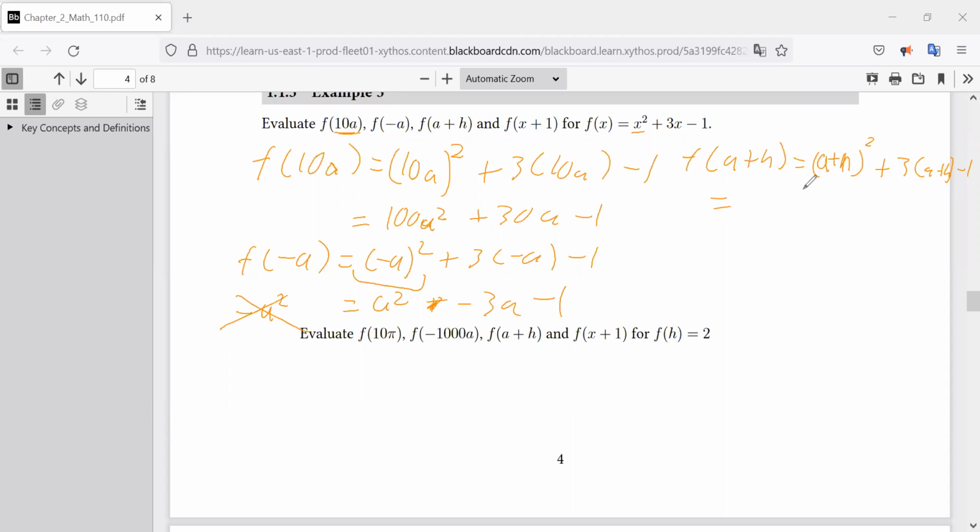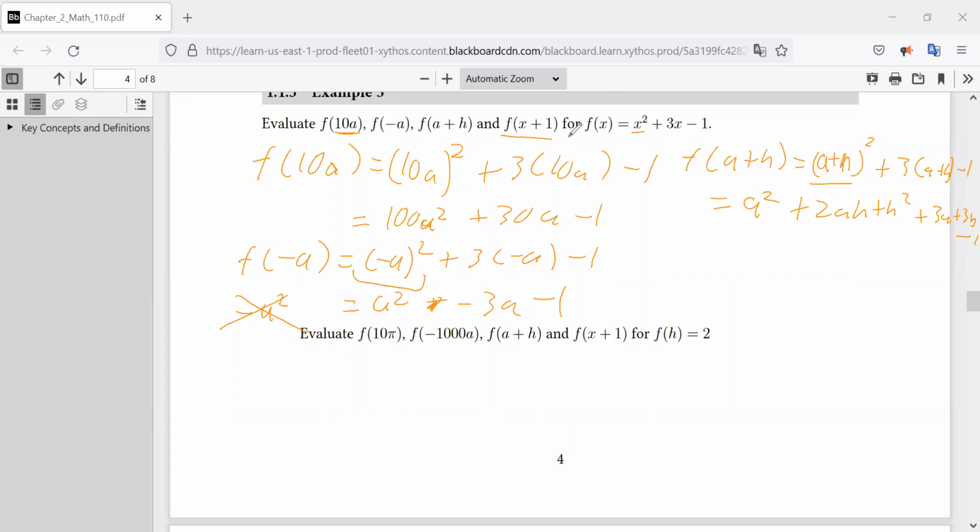Okay, so then wouldn't it equal a plus h times a plus h plus 3a plus 3h minus 1? Yeah. And the only thing is I'm just going to distribute that a plus h to kind of simplify it all out. So we get a squared plus 2ah plus h squared plus 3a plus 3h minus 1. But what you said before was correct.